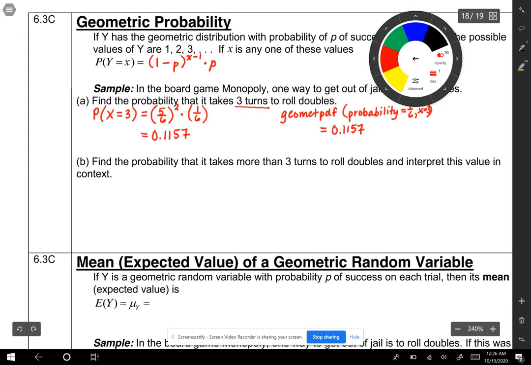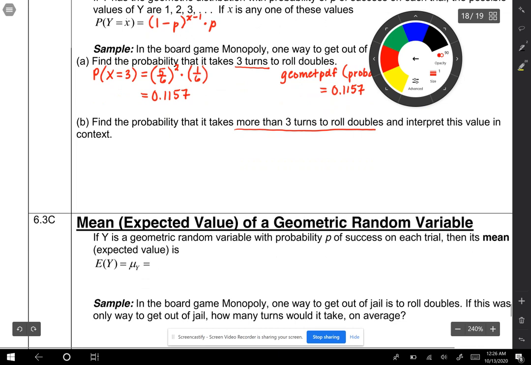Part B, find the probability that it takes more than 3 turns to roll doubles and interpret this value in context. So if you're doing anything that's greater than, less than, and so on, and you're using a calculator, you want to use geometric CDF. In this case, greater than 3 would be 4 turns, 5 turns, 6 turns, 7 turns, but not 3.